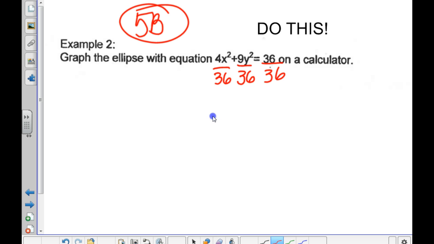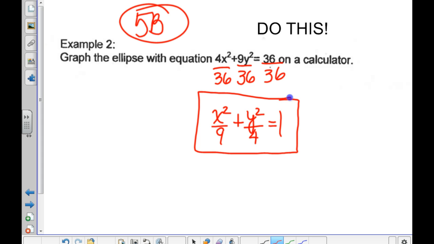4 goes into 36 how many times? 9. 9 goes into 36 4 times. 36 divided by 36 is 1. Does this look like something that we should be able to graph fairly easily? Yes. Okay. Is this a vertical or horizontal ellipse? It is horizontal this time because the bigger number is under the x.